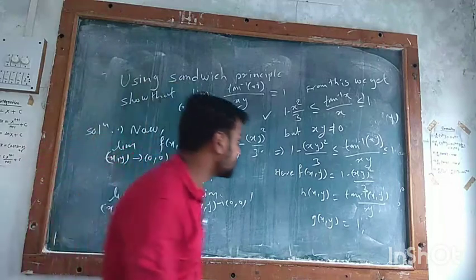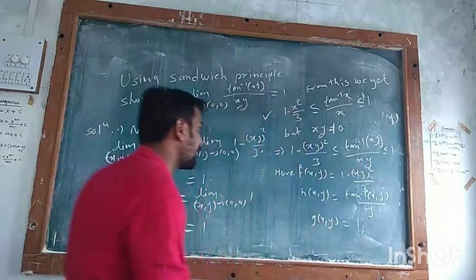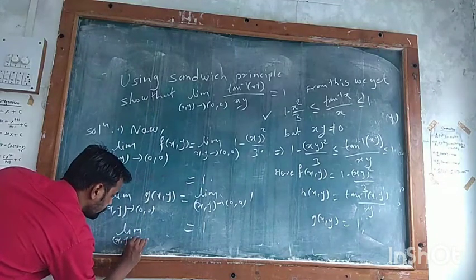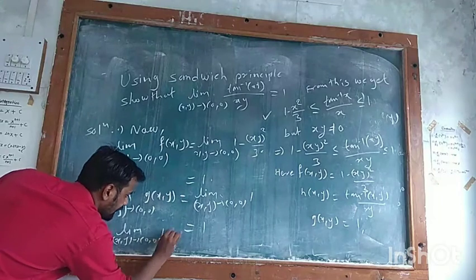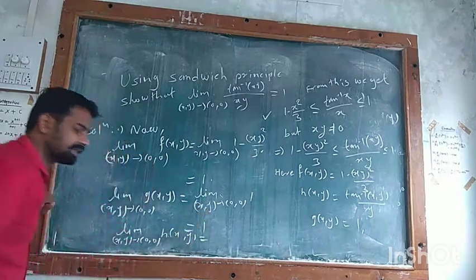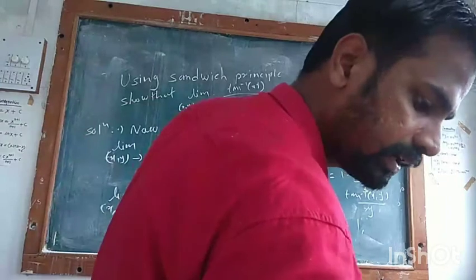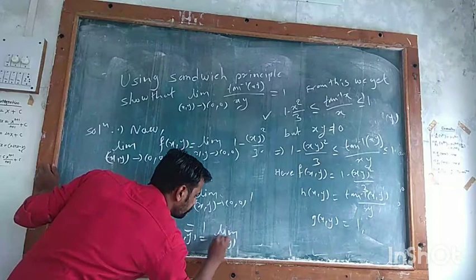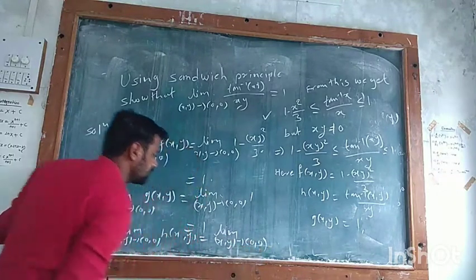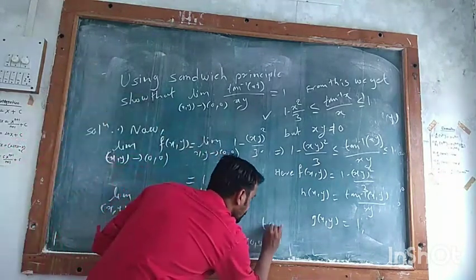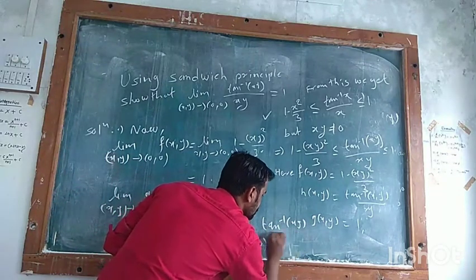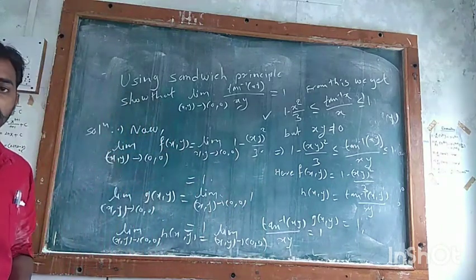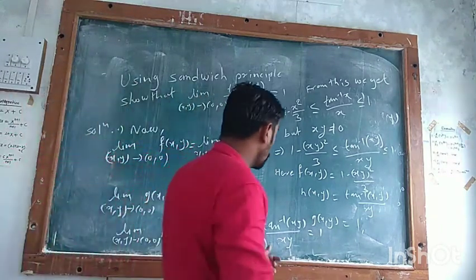Then by sandwich theorem, limit of tan inverse of xy upon xy, that is limit as xy tends to 0, 0, h of xy, where h of xy is tan inverse of xy upon xy, is 1 by sandwich theorem. Okay.